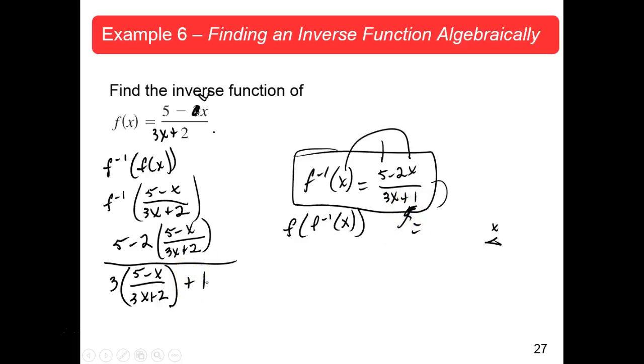Plus 1. Using this f inverse function, it starts with 5 minus 2 times whatever's inside the parentheses, divided by 3 times whatever's inside the parentheses, and then add 1 to it. All right? Now the rest is algebra, okay?